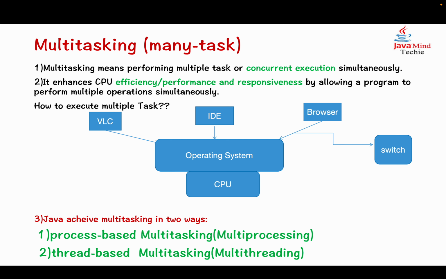There are two approaches by which you can achieve multitasking. The first is process-based multitasking, which is called multiprocessing, and the second is thread-based multitasking, which is multithreading. So if you want to achieve multitasking, you have two approaches: multiprocessing, which is process based, and multithreading, which is thread based.